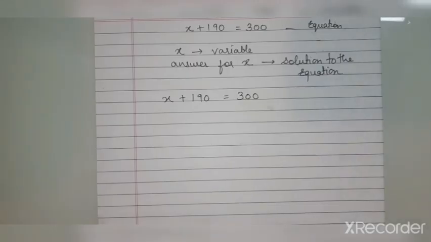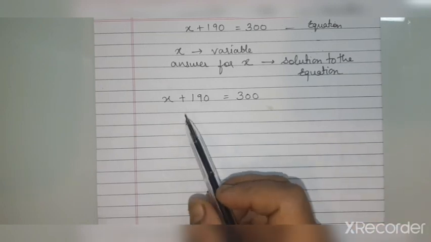Now taking the same example, I will explain how to solve the equation. When we are solving the equation, basically we are finding the answer to the variable, that is, what is x equal to. Variable here is x.